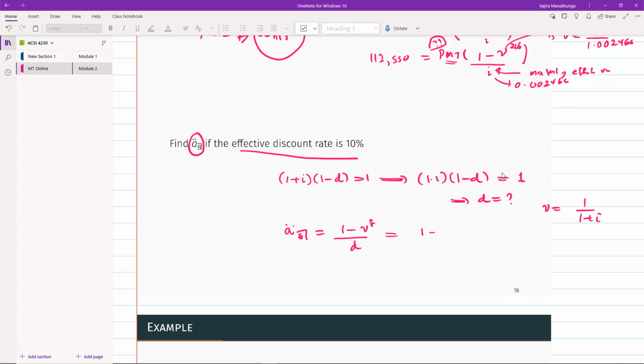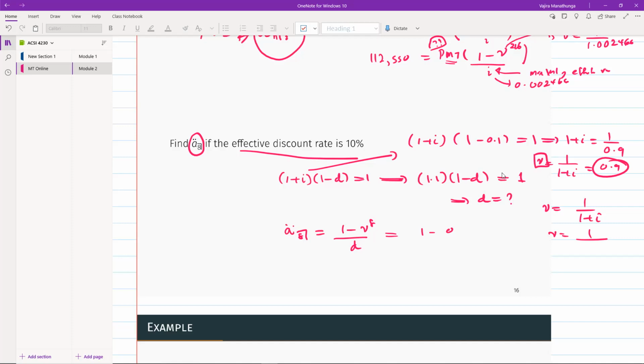Actually, you don't need to solve for i, because from here you can see (1 + i)(1 − 0.1) = 1, which means 1 + i = 1/0.9. Substituting that in, 1 over 1 plus i is 0.9, which is called v. So v is 0.9. So 0.9 to the 8, d is given as 0.1, and then you can get the answer.